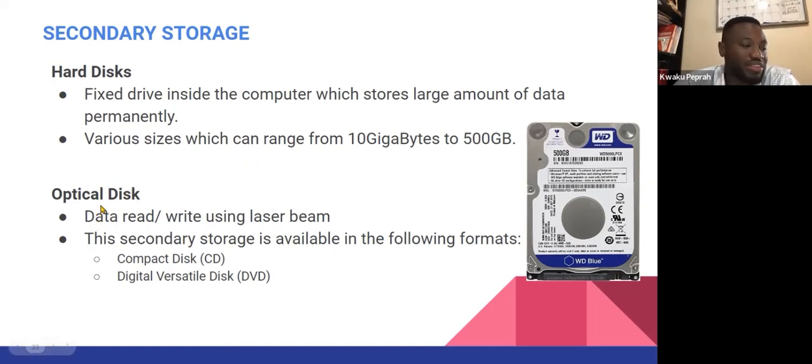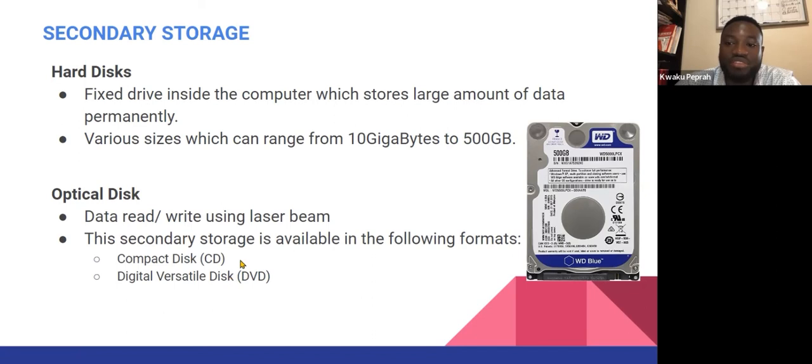We also have the optical disk. With an optical disk, you can write data on it using a laser beam to put information on there. This secondary storage is available in the following formats. It is in the form of a compact disk, and it's also in the form of a digital versatile disk.